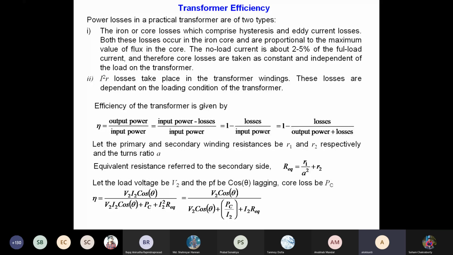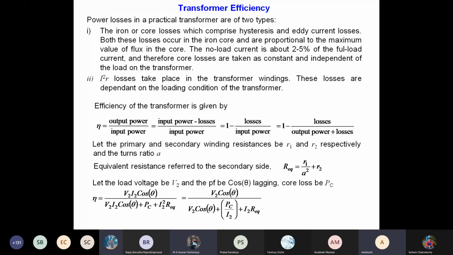Sir, why is the value of PC, the core loss, constant? We have already proved this earlier. It depends on the hysteresis loop, and for different materials the area under the loop will be different.